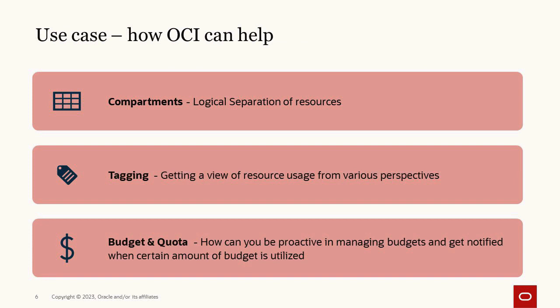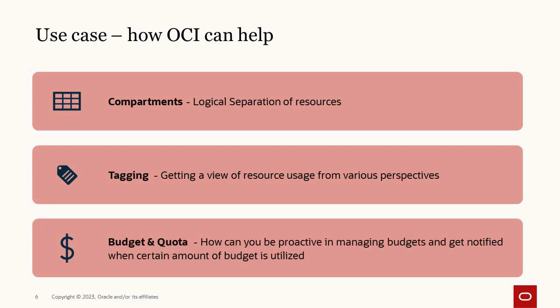For that use case, here are a few ways OCI can help with their ask. One is compartments. This tool will allow you to logically separate your resources. Tagging, so getting a view of resource usage from various perspectives, one of them being a cost perspective.